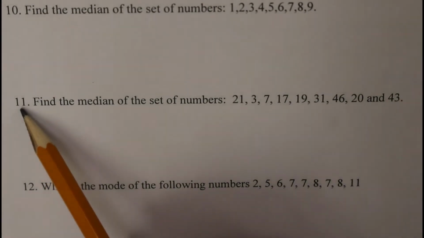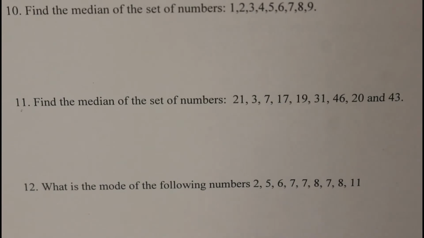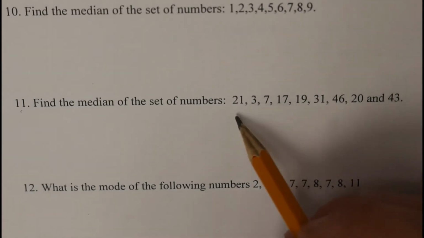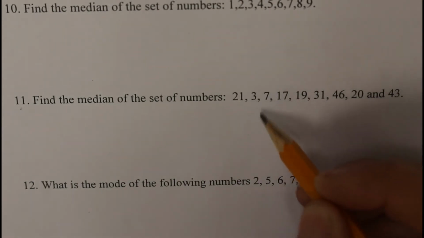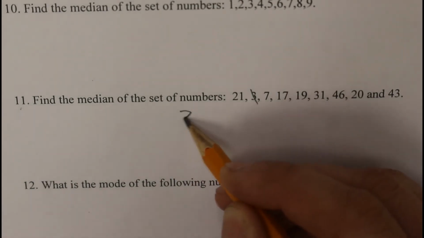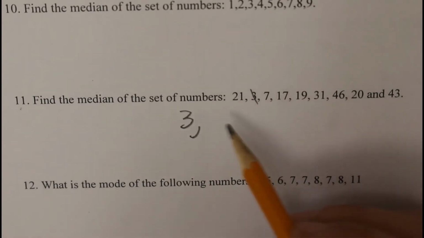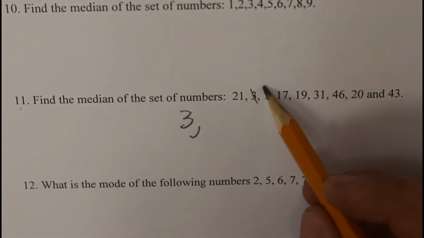So I'm just gonna look at number 11 because it's a bit harder. Usually what you wanna do is put the numbers in order from smallest to greatest before we find out what the middle number is, what the median is. So I'm just gonna rewrite these in order. So 3 is gonna be the lowest. And then just looking through here, okay, then 7.